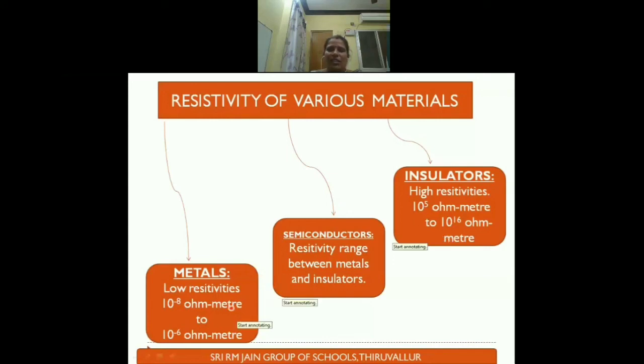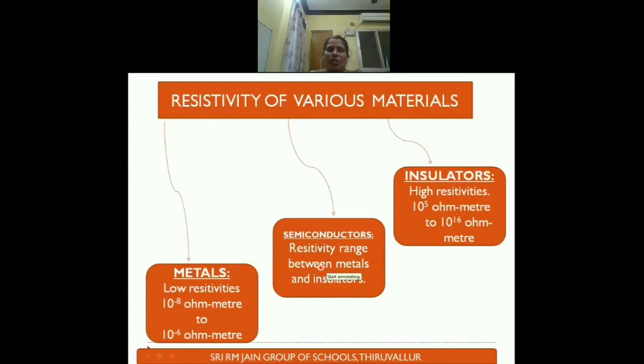And we also have one more category, which is neither a conductor nor an insulator. Those materials are called semiconductors, and their resistivity lies between that of metals and insulators. You will learn about semiconducting materials in detail in your second volume, 14th chapter.